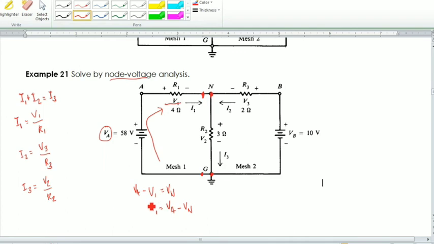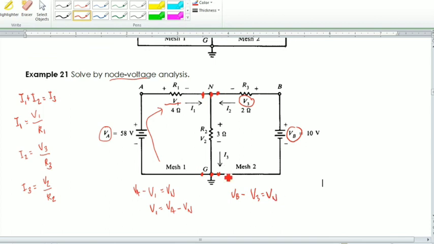Now, the same thing we will do at the right side of the circuit. We may be able to solve for V sub N, the voltage right here at this point, by subtracting V sub 3 from V sub B. Again, V sub N is right here from this point to this point.